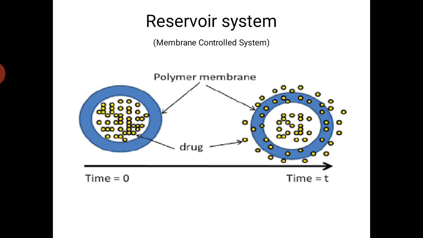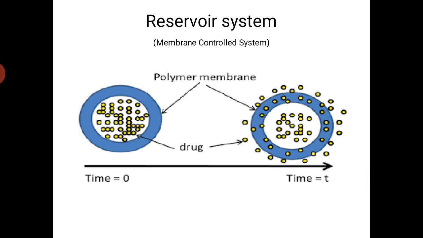This is a representation of a reservoir system. Just think, what does the word reservoir mean? The word reservoir itself says something reserves. We have water tanks, which are a reservoir system, where the boundaries of the water tank keep the water inside, or protect the water from flowing outside the tank.